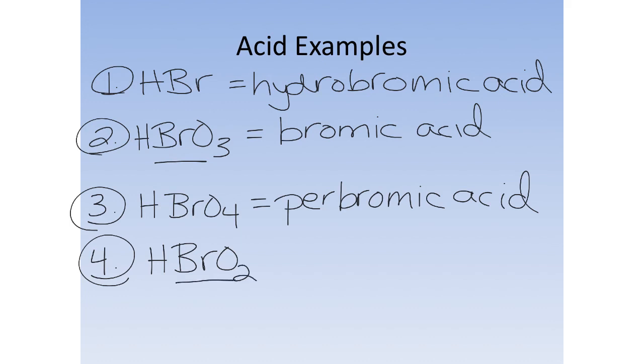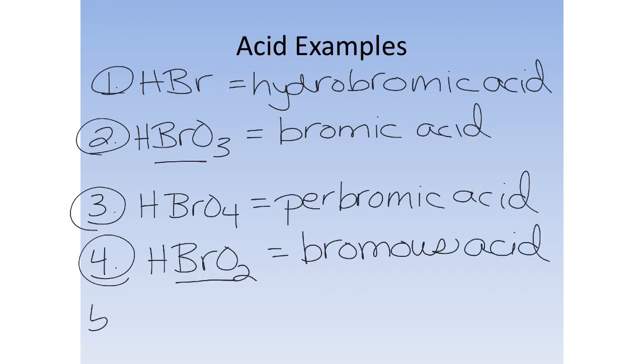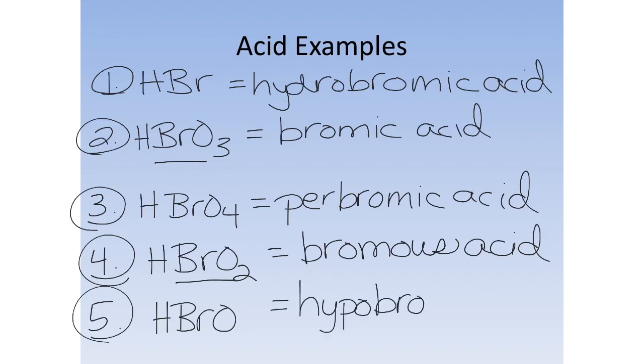BrO2 would be bromite, so then it would be bromous, because the ite becomes ous, so bromous acid. And then lastly, HBrO. BrO would be called hypobromite. So this would now be hypobromous acid.